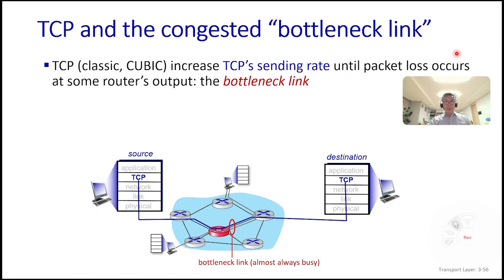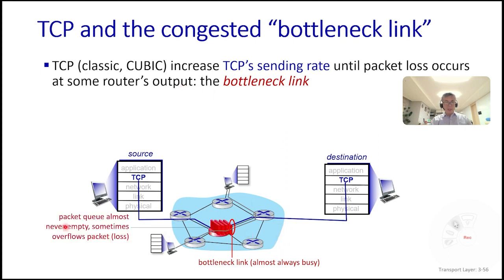Let's move on to TCP and the congestion bottleneck link here. So TCP classic or CUBIC, AIMD and CUBIC, increases the TCP sending rate until packet loss occurs at some router's output, the bottleneck, for example here.